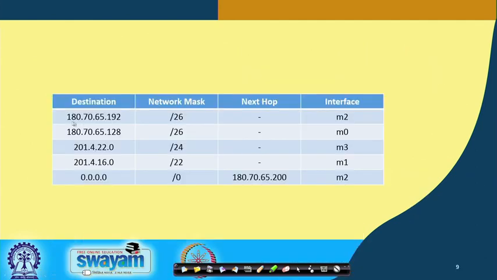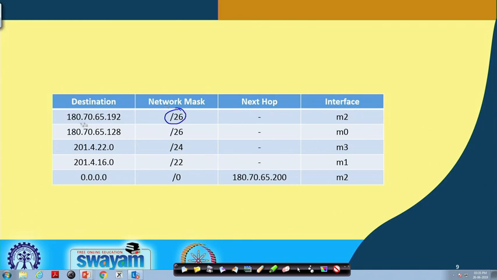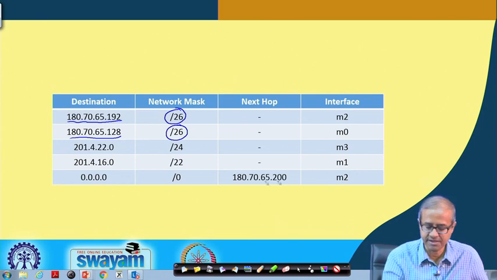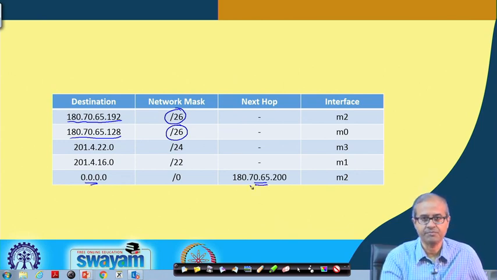For the first network, which is connected to M2, if you recall, there are 26 bits of the address. So, it is /26 and this is the network address. Through M0 also there are 26 bits like this, M3, M1 and finally, M2 is the default which will be sending it to the external router.